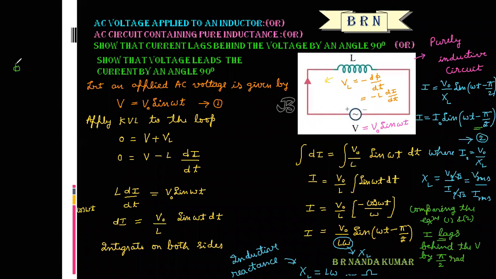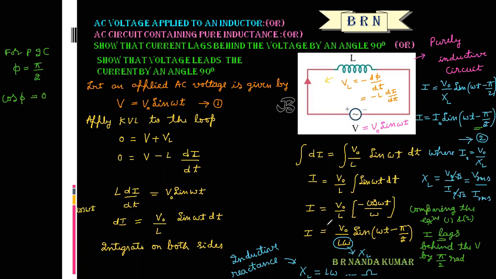So the phase difference between the current and voltage in a purely inductive circuit is pi by 2 radian. What is the value of power factor? Cos pi by 2 is 0. So here the power factor is 0.